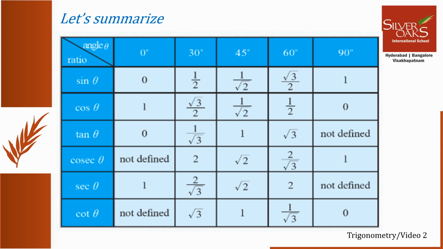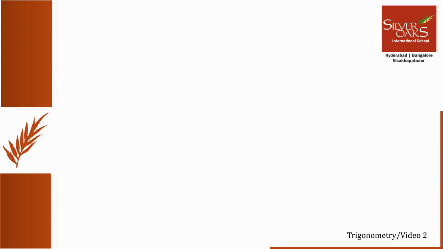So all sin theta, cos theta, tan theta, cosecant theta, secant theta and cot theta for angles 0 degrees, 30 degrees, 45 degrees, 60 degrees and 90 degrees. Write this table in your journal and we proceed to apply these values in the exercise.